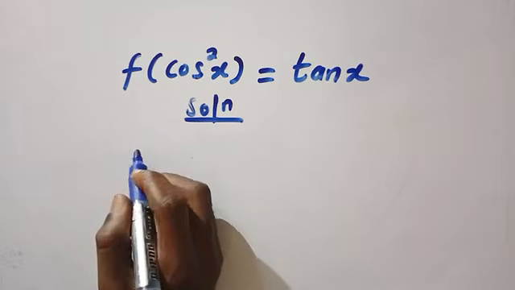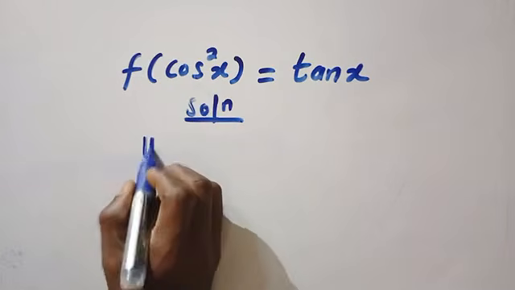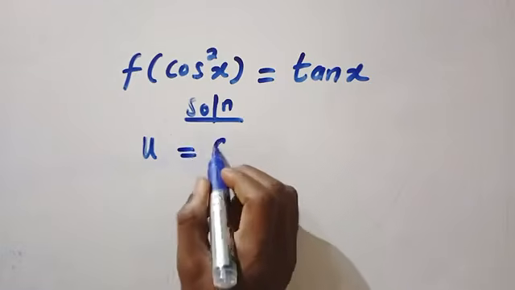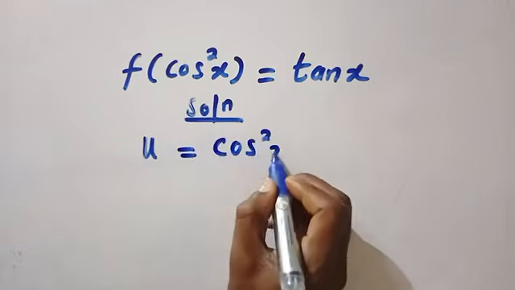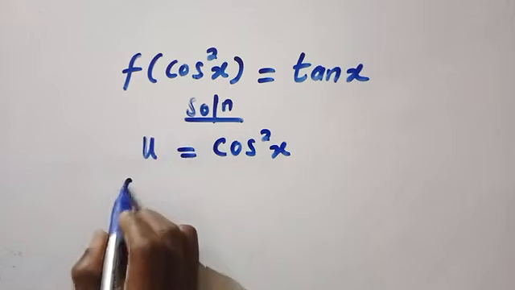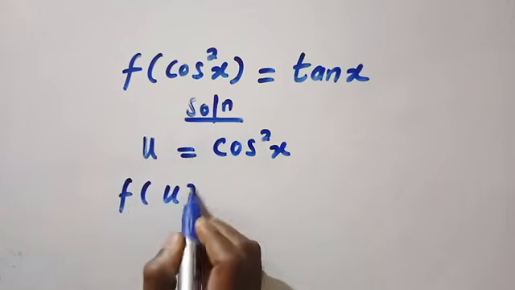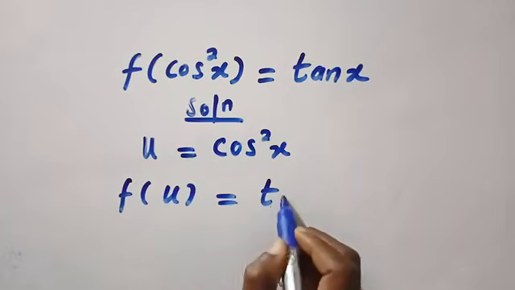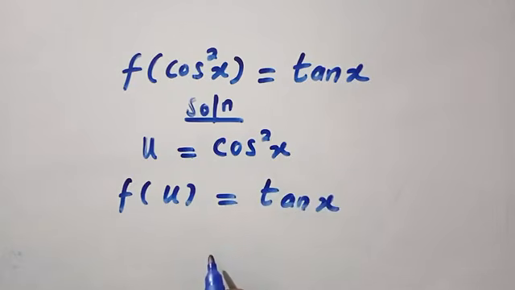In the first step, if I let u equal cos squared x, and we replace this, we have f of u equals tan x. Here is the first step.